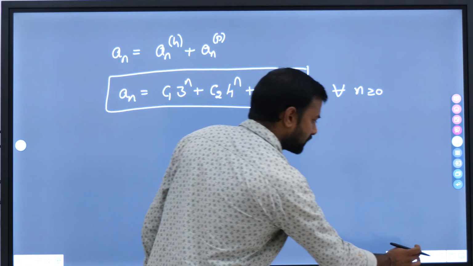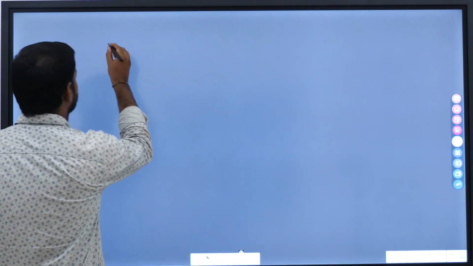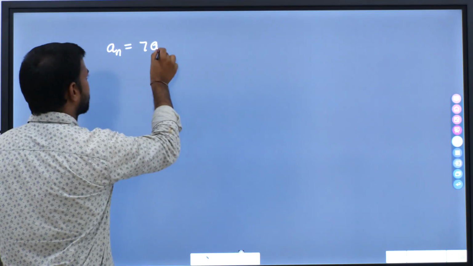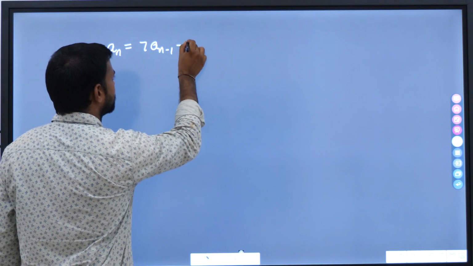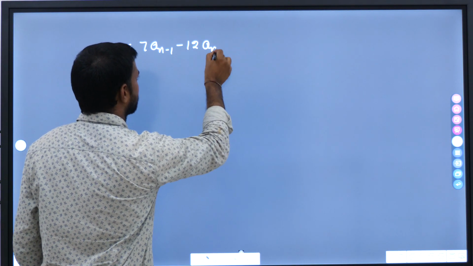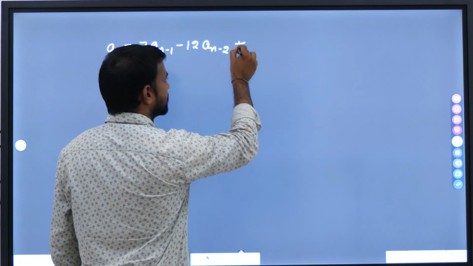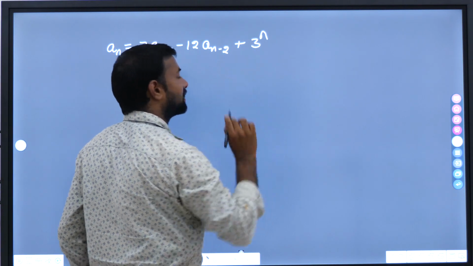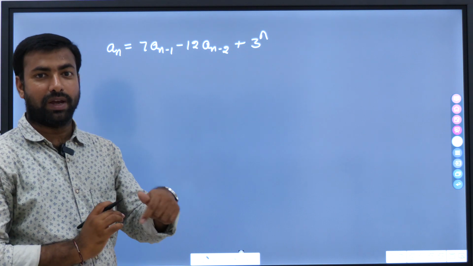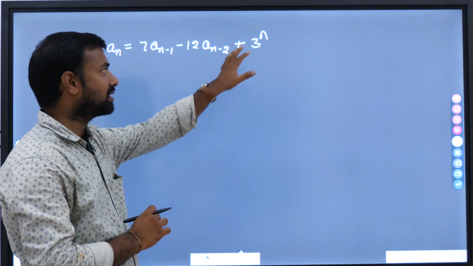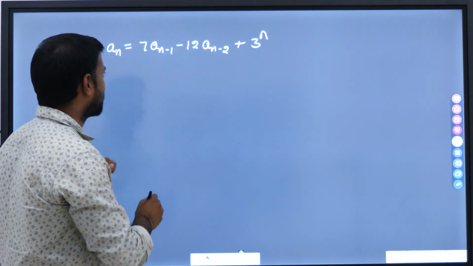Alright. So let me take this problem: a_n equals 7 a_(n-1) minus 12 a_(n-2) plus 3 power n. So earlier we had 2 power n, but now I am taking 3 power n. Why have I taken that?